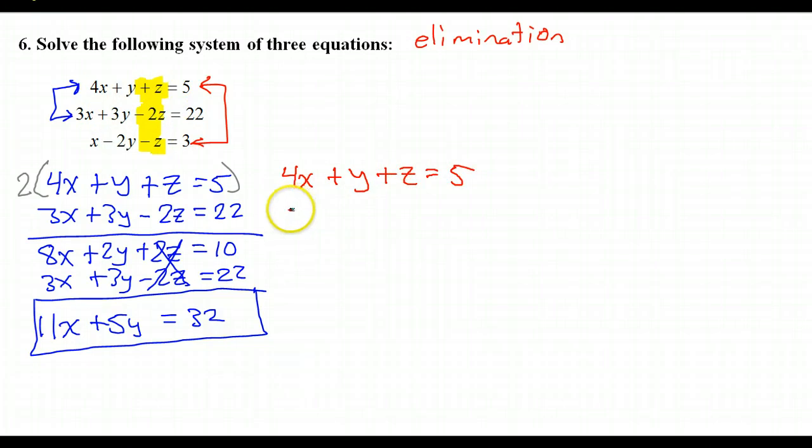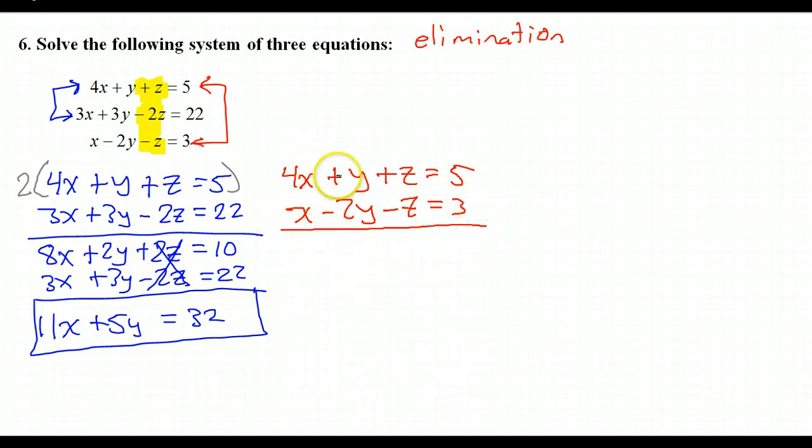Now the bottom one, x minus 2y minus z equals 3. Like I said, I don't even have to multiply anything. The z's are already opposites. As I combine these, the z's go away, and I have 5x minus y is equal to 8. So here's another equation I can use.